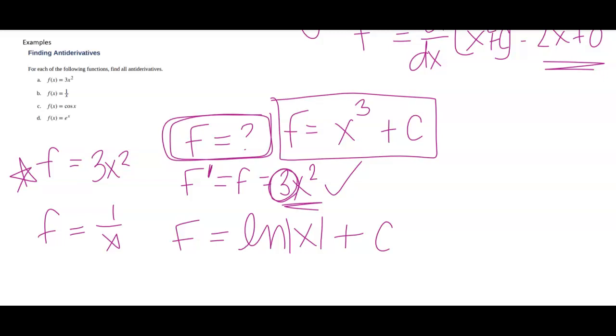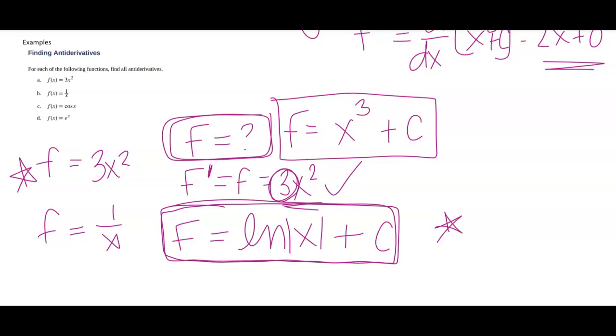So that's one thing that's particular about taking the antiderivative of 1 over x. Natural log of x has the derivative 1 over x, but on the domain of natural log I can only have positives, so I include those absolute value bars.